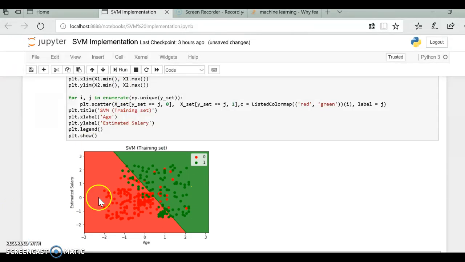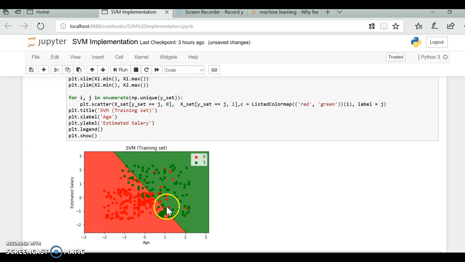Since this is a linear model, we see a cut line which we see on the screen. This line separates whether the person got the SUV, which is one in this graph, and the other number is zero, which says the person hasn't got the SUV. Based on the age and salary, we see whether the person has got it or not.